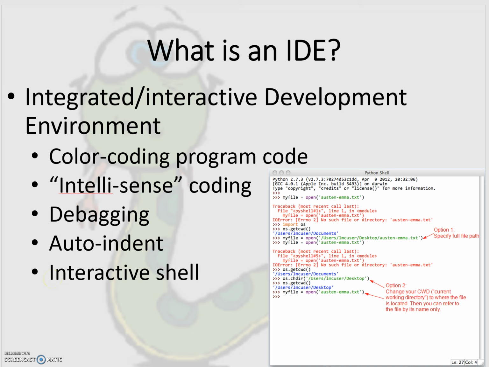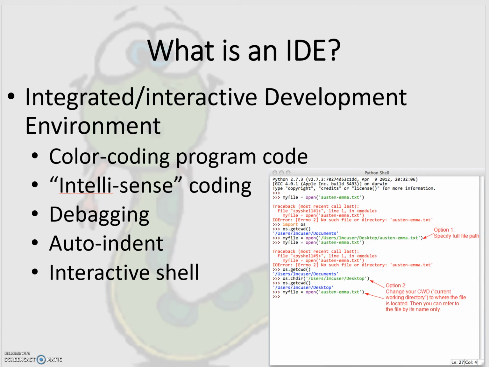So let's see. Color coded, you can see different colors. IntelliSense is a general term for a variety of code editing features, including code completion, parameter info, quick info, and member lists. IntelliSense features are sometimes called by other names such as code completion, content assist, and code hinting.